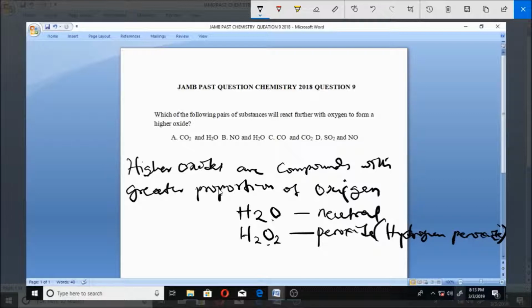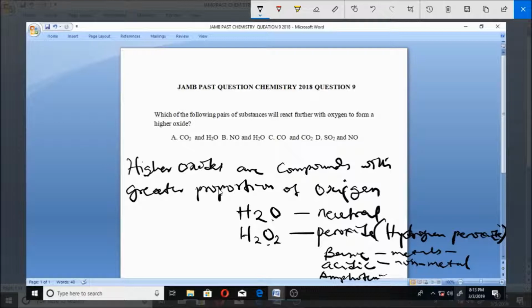You should know that we have neutral oxide, we have higher oxide, we have basic oxide, we have acidic oxide. The ones that are from non-metals are acidic, the ones that are from metals are basic. The acidic ones are from non-metals, and they also form acidic solutions. The basic ones form basic solutions. There are also what we call amphoteric oxides.